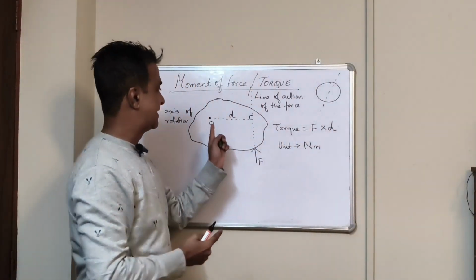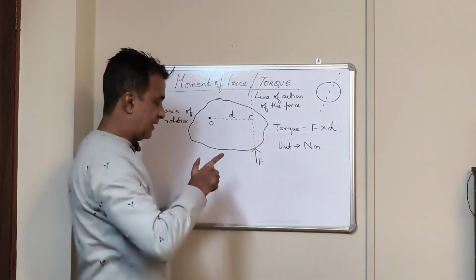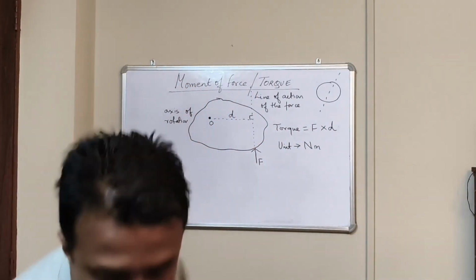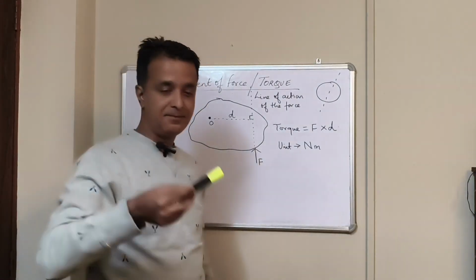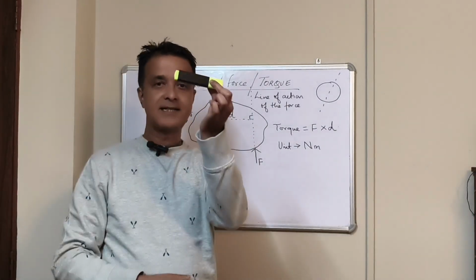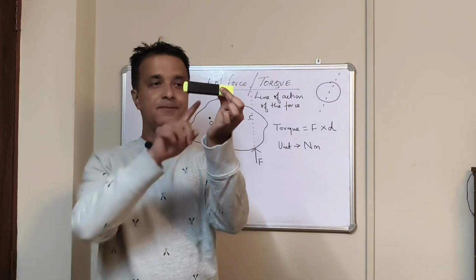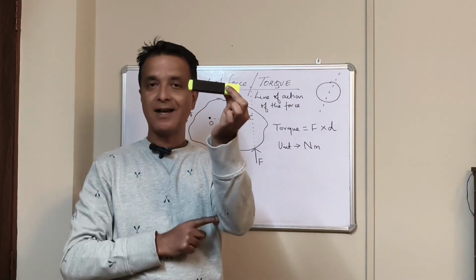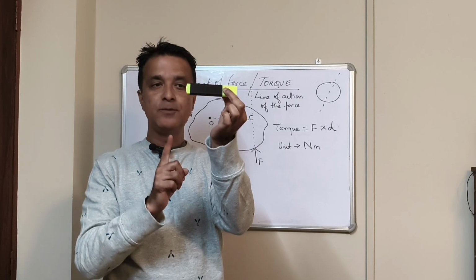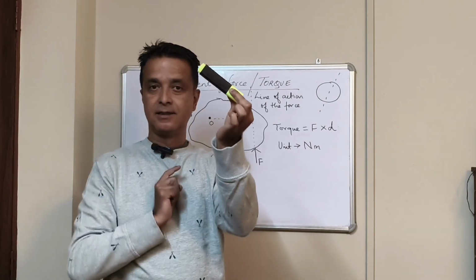Now, the perpendicular distance. Here again, supposing I have this body, I'm using the same object as an example. This is my axis of rotation. There has to be a perpendicular distance between the axis of rotation and where I apply the force for turning to be produced. See, it turned.